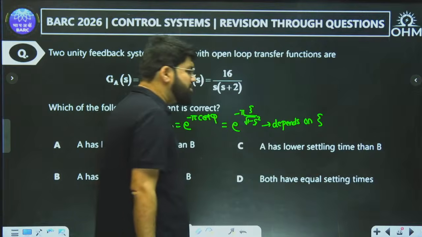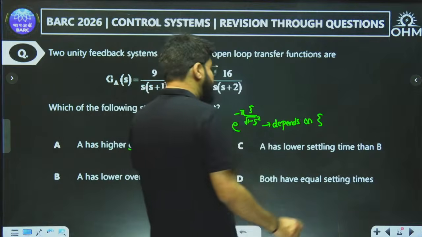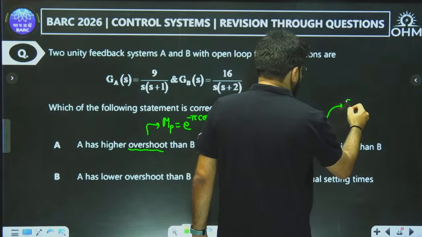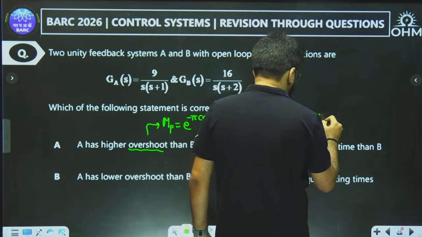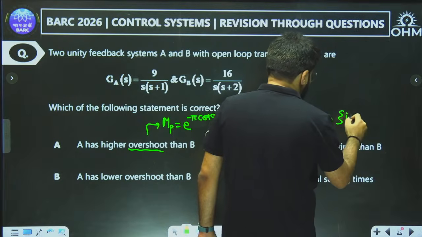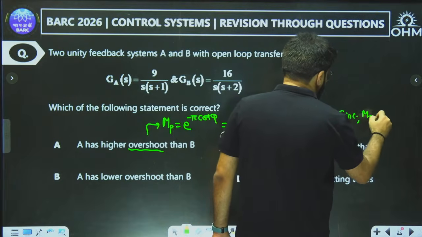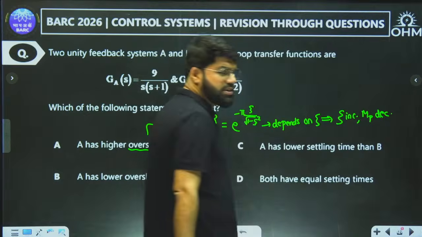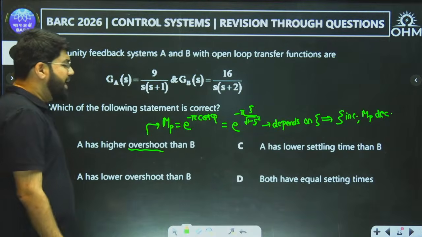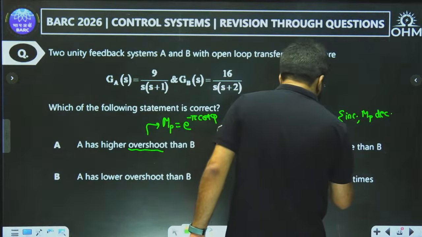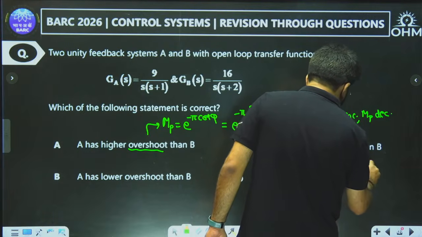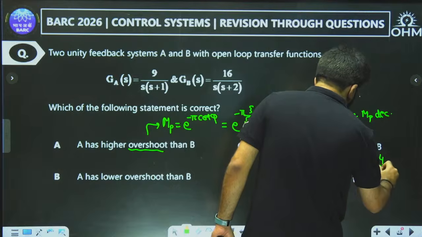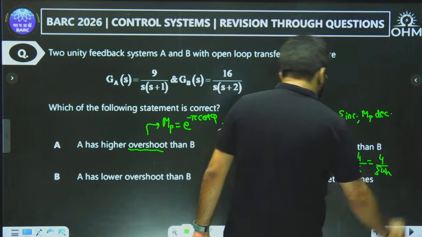If zeta increases, overshoot decreases. It goes inverse. Then settling time, as we just revised in the previous case, is 4 by zeta omega n, correct?